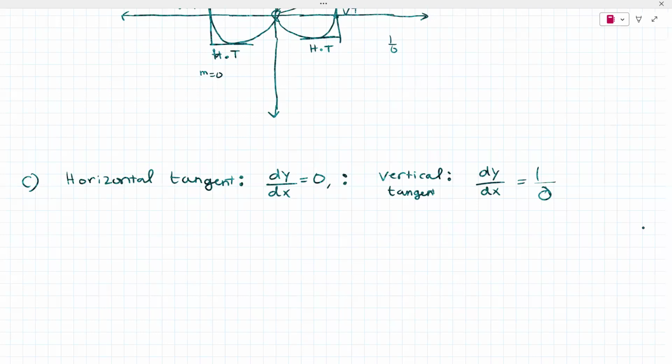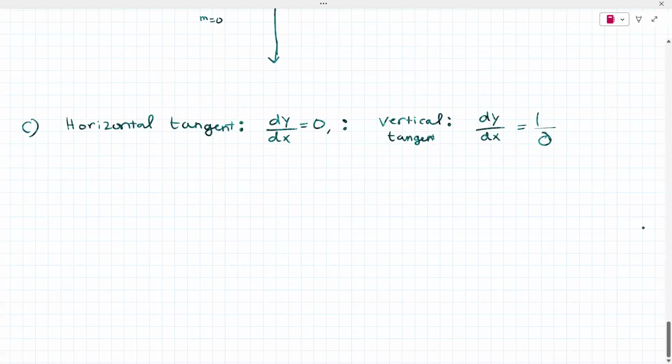So with the horizontal, it's going to be cosine theta times sine theta plus r, which is 1 plus sine theta, times cosine theta, equals 0.